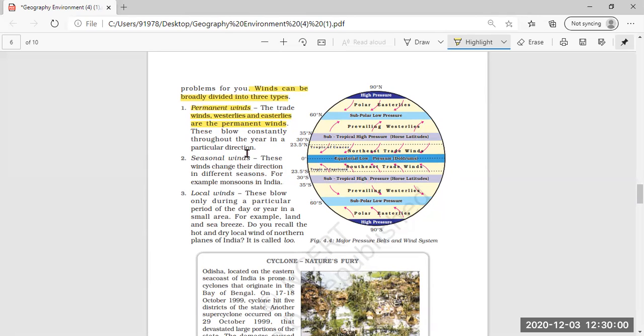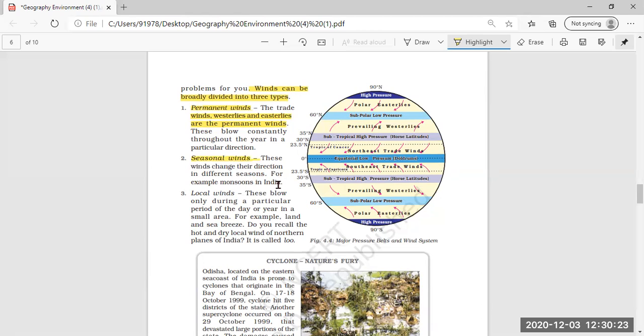The westerlies will blow from western areas only. The easterlies will blow from eastern areas only, and this way they are called permanent winds.